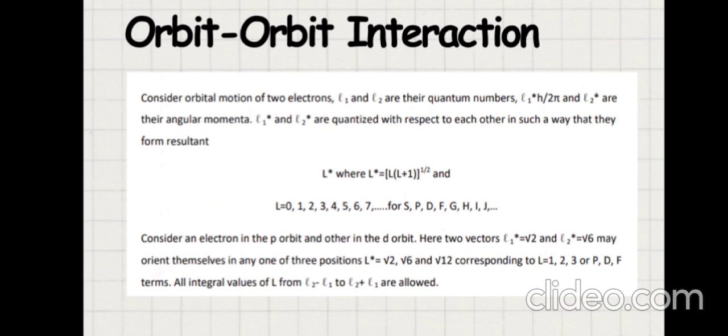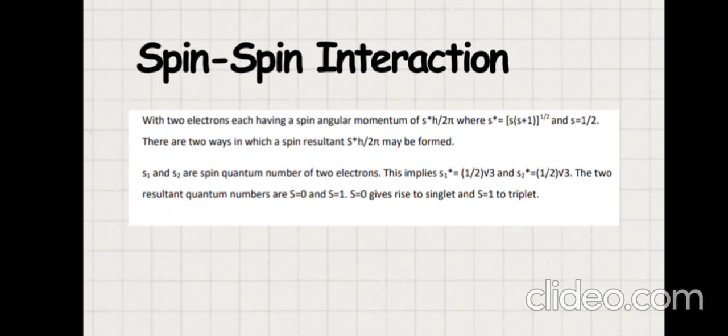Here, the two vectors L1* is equal to √2 and L2* is equal to √6, and they may orient themselves in any one of three positions. L* is equal to √2, √6 and √12, corresponding to L is equal to 1, 2, 3, or P, D, F terms. All values of L from L2 minus L1 to L2 plus L1 are allowed.